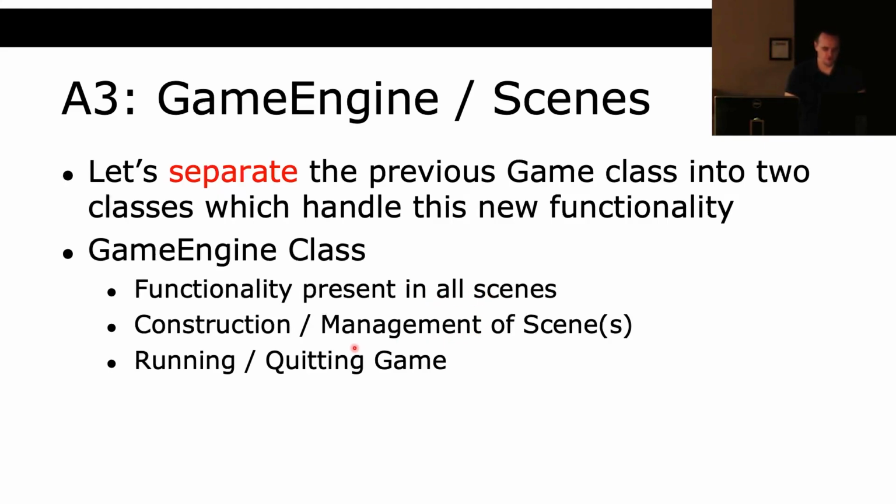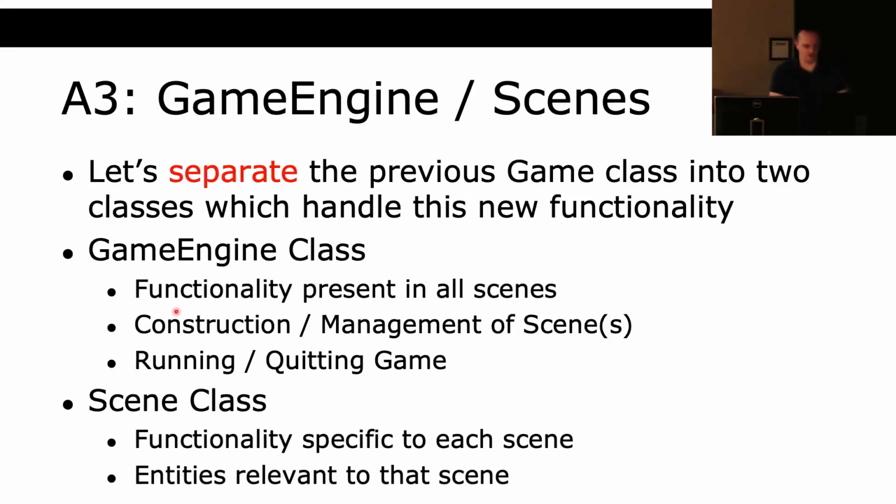For example, the construction and management of the scenes, how we switch between the menu and the gameplay scene, running and quitting the game, handling the window, etc. And then each scene class is going to have the functionality specific to the scene. It's going to have its own entity manager, right? Because each scene is going to have different entities in it. So we're going to separate this.